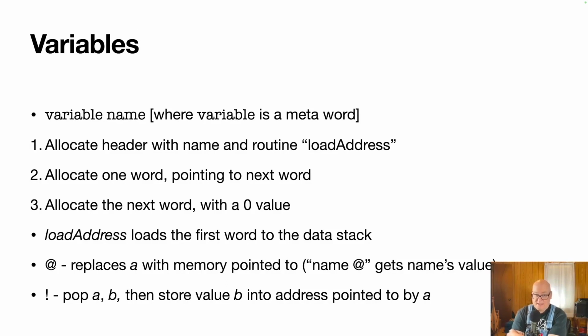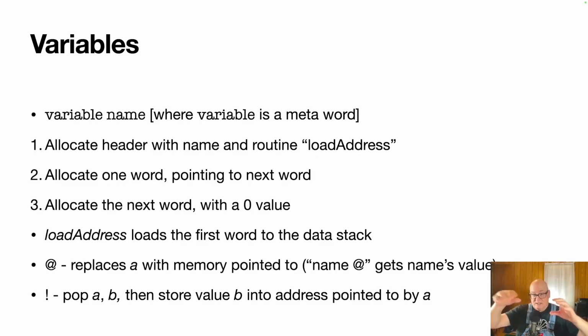I'm not sure we need step 2, but my thought was, we have our headers, like the link and the name pointer, and then the actual routine to call, and then it gets into the body. The first word of the body will point to the next word, so load address can find it.